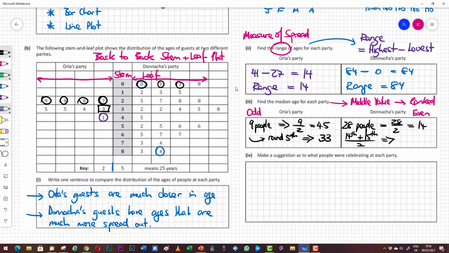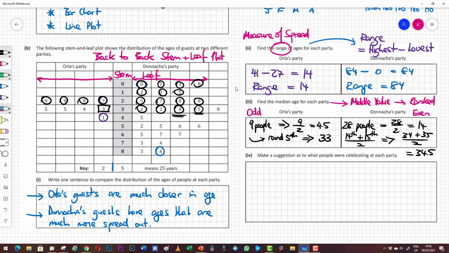So we have 1, 2, 3, 4, 5, 6, 7, 8, 9, 10, 11, 12, 13, 14. So the 14th is 34 and the 15th is 35, and we add them and divide it by 2 and we get 34.5. And so the median age at Donica's party is 34.5.